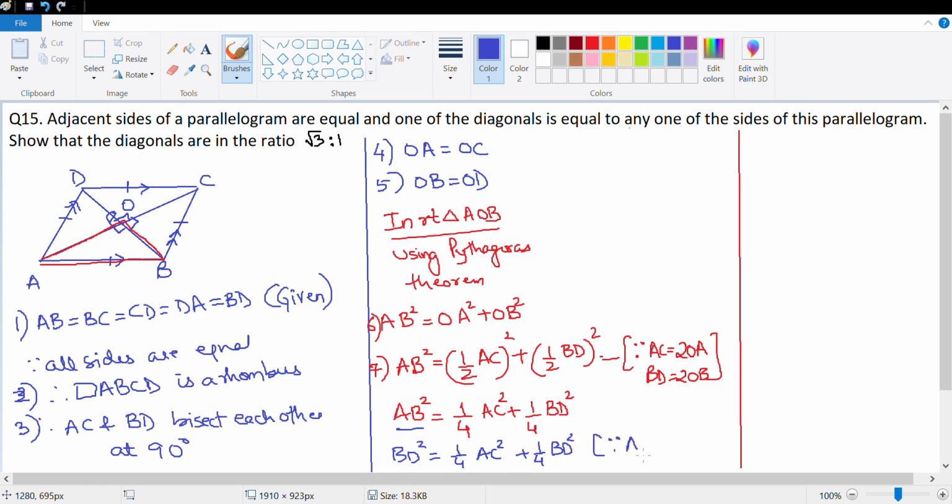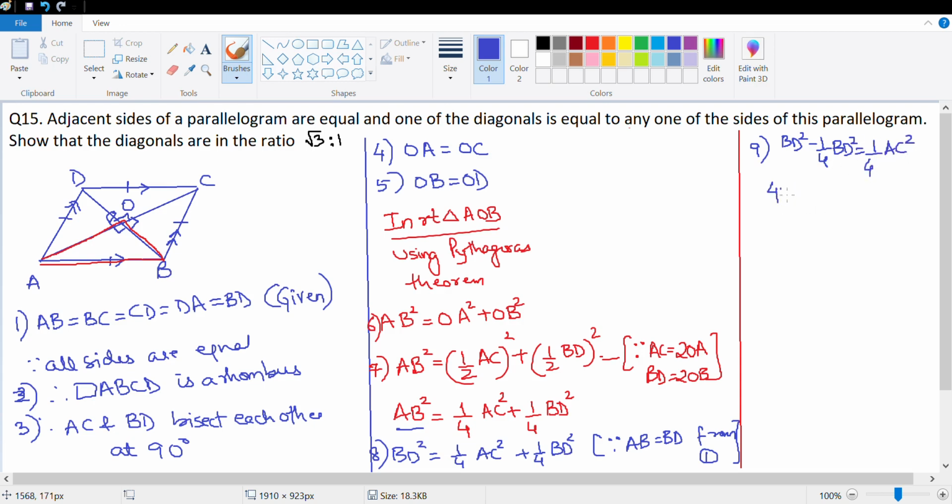Since AB is equal to BD, and this is from number 1. So let's give this a number. This is number 8. So number 9 would be BD square minus 1 by 4 BD square is equal to 1 by 4 AC square.